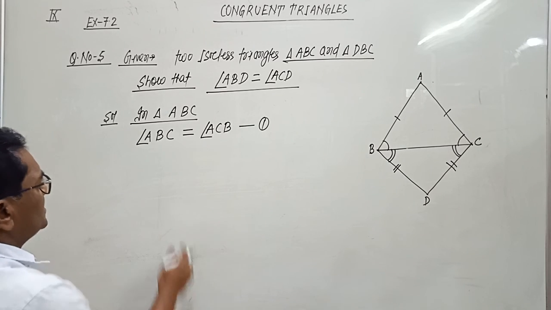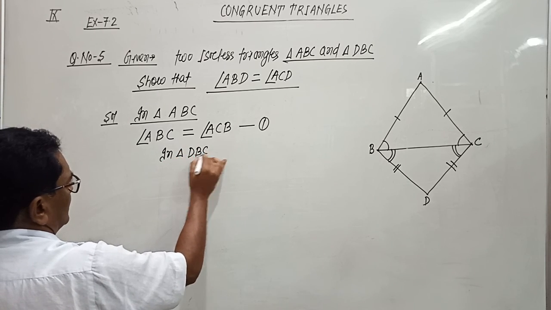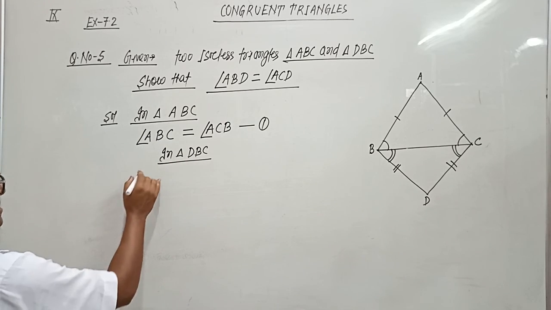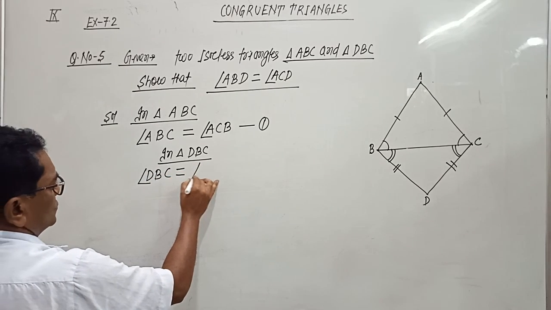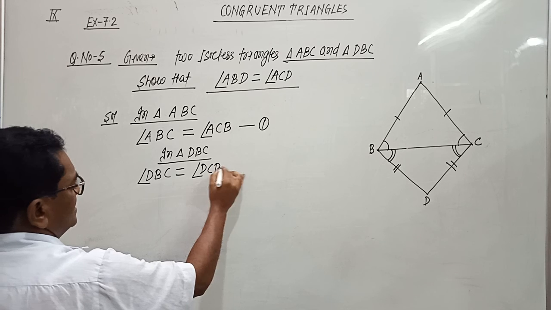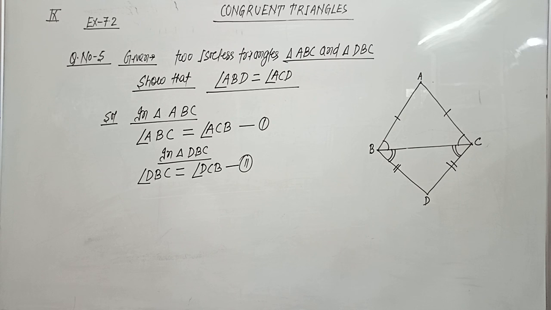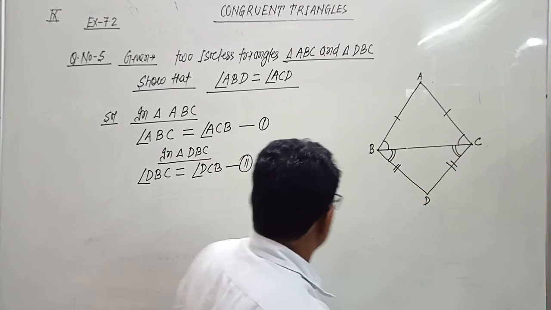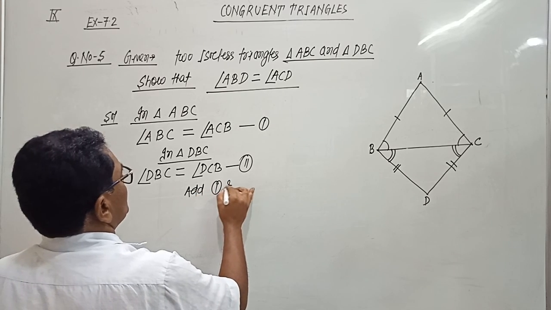And in triangle DBC, it is also isosceles, so angle DBC equals angle DCB. This is the second equation. Now add the first and second.